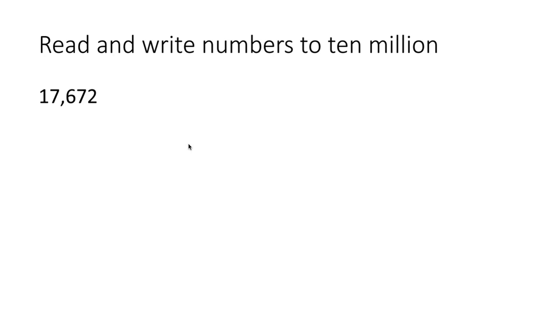And this one's a little bit different. It's not as big, it's got a smaller value. It's got ones, tens, hundreds, thousands, and tens of thousands, but it doesn't have hundreds of thousands and it doesn't have millions. We're writing numbers to 10 million, so they're all going to be smaller than 10 million.